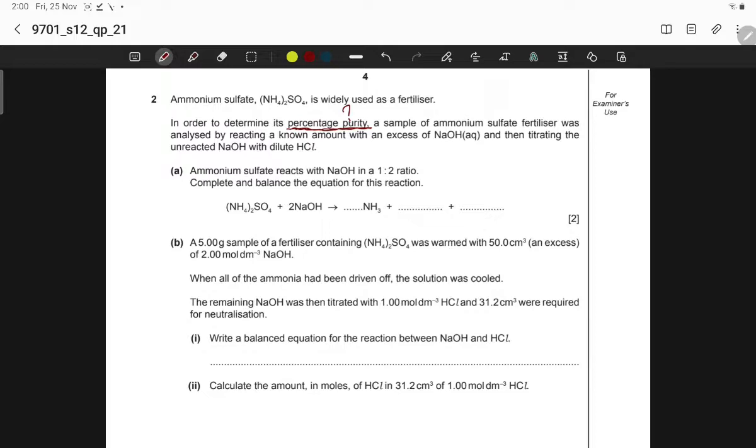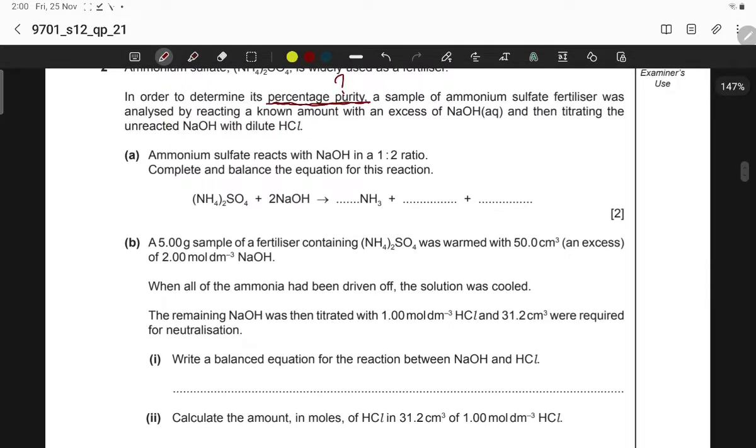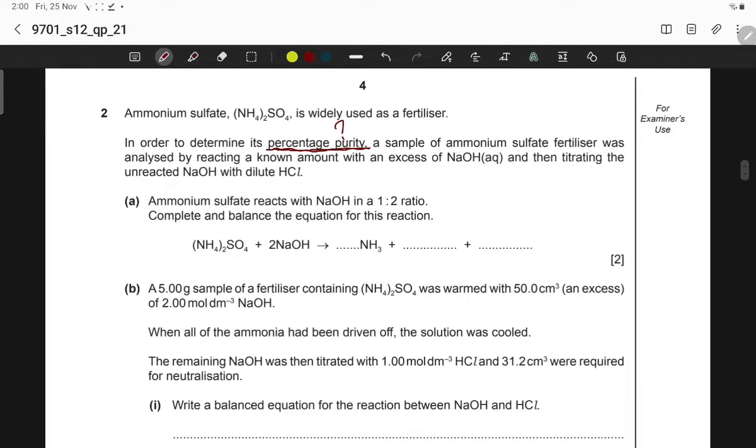A sample of ammonium sulfate fertilizers was analyzed by reacting a known amount with an excess of sodium hydroxide and then titrating with HCl. Ammonium sulfate reacts with sodium hydroxide in a 1:2 ratio. So the reaction is ammonium sulfate reacting with sodium hydroxide.